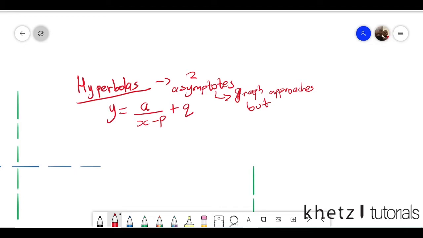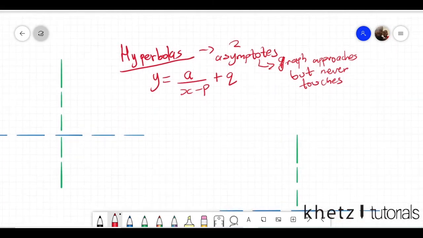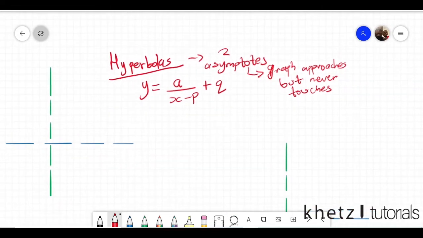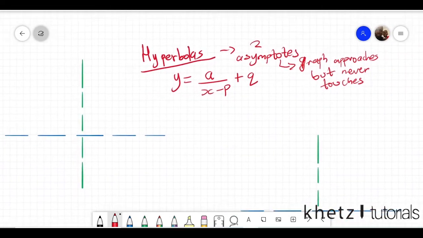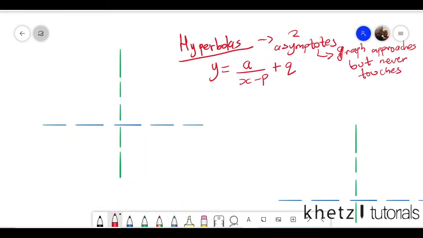So the graph approaches but never touches. So now we said hyperbolas have two asymptotes, and these are basically the ones which I drew, and I'm going to use these to explain quite a few things.